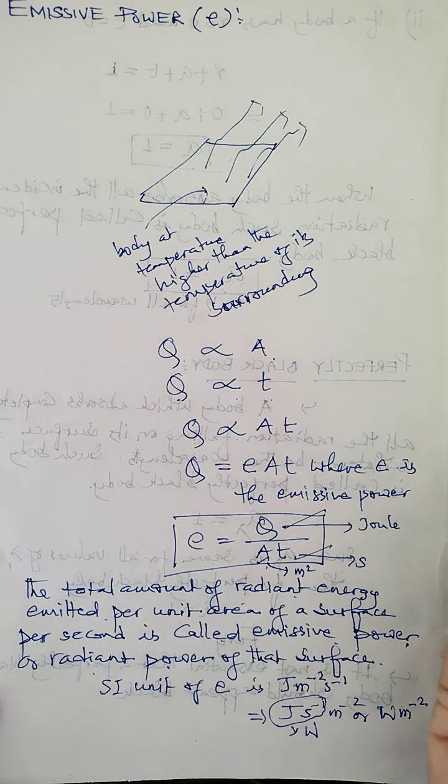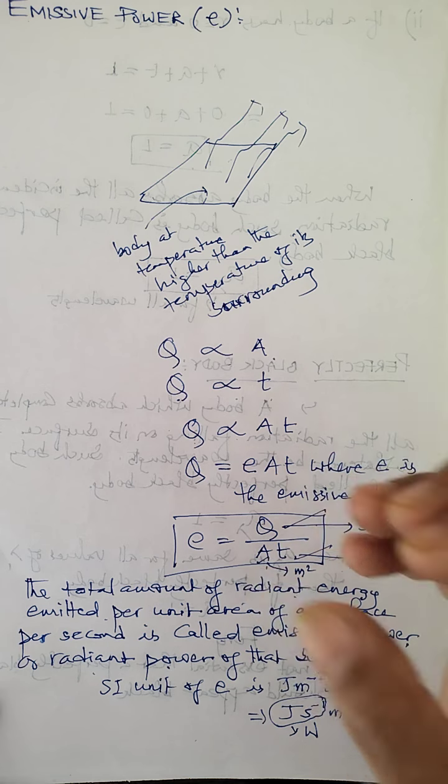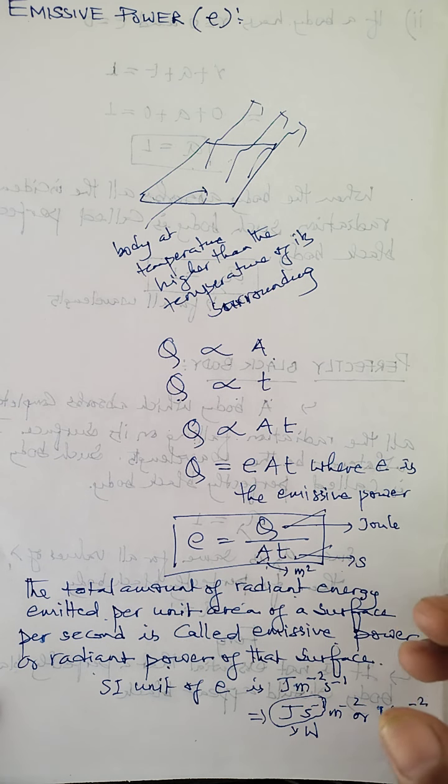This spectrum consists of the ultraviolet spectrum, the infrared spectrum, and the visible spectrum. These are all spectra consisting of radiant energy.